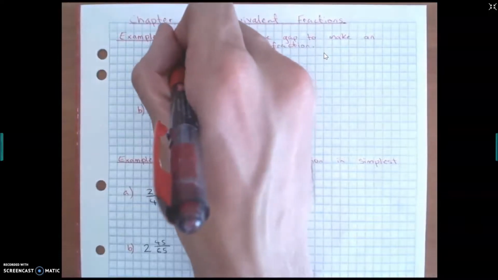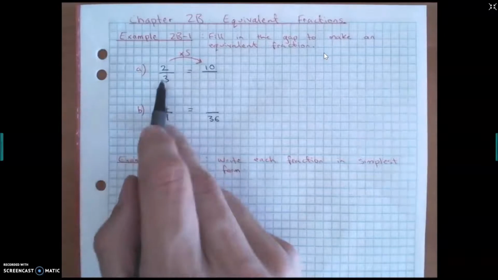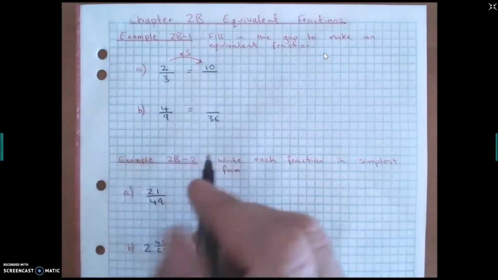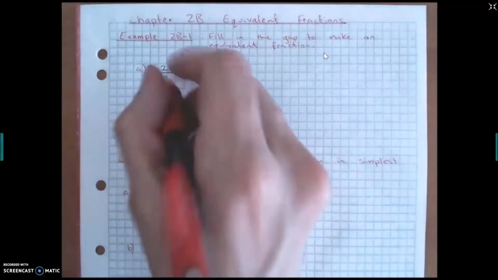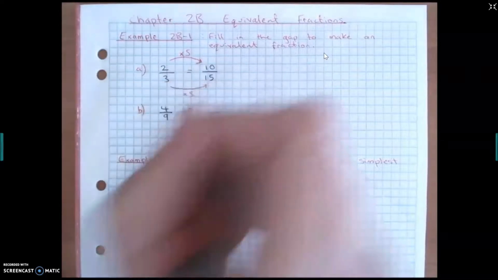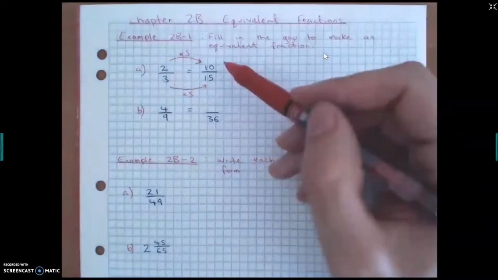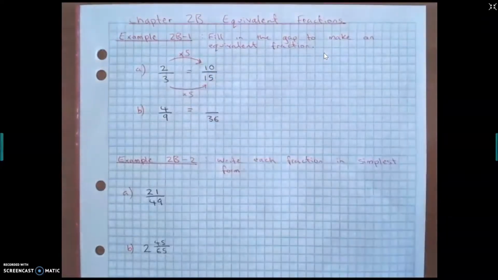So if I want an equivalent fraction, I also have to multiply my bottom number by 5. So 3 times 5 gives me 15. So what this is saying is 10 over 15 is equivalent to 2 over 3.